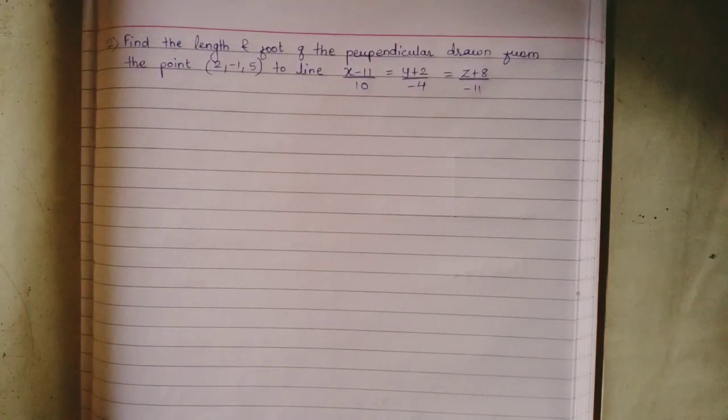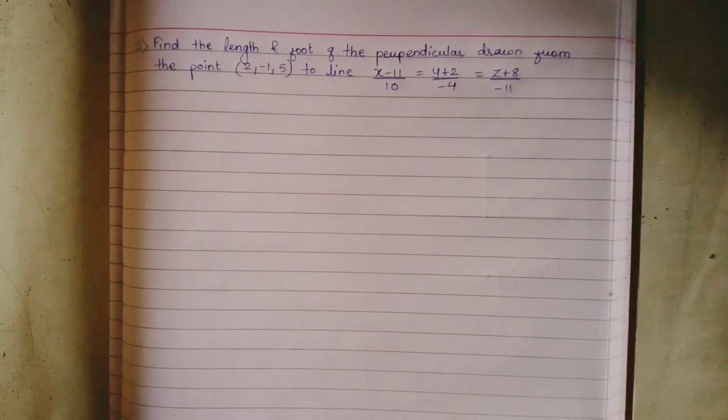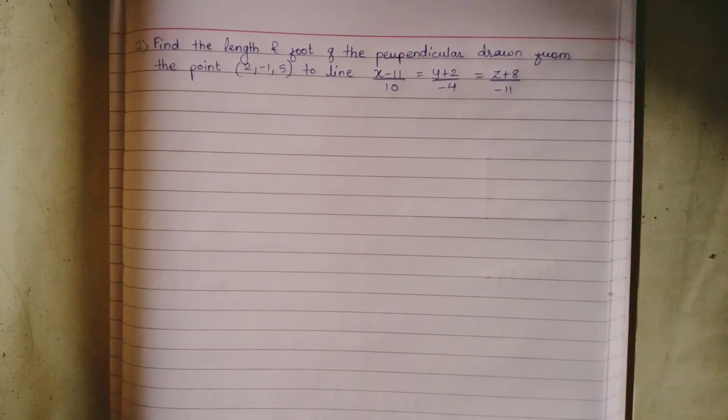Let's solve another question. You have to find the length and foot of the perpendicular drawn from the point to the line. So this is exactly the same as the previous question. Only thing is here you have to find that perpendicular point and the length.